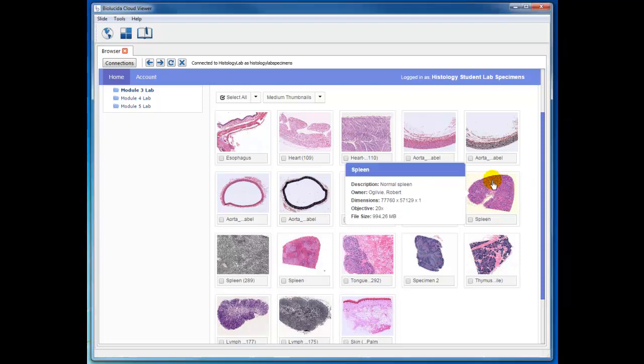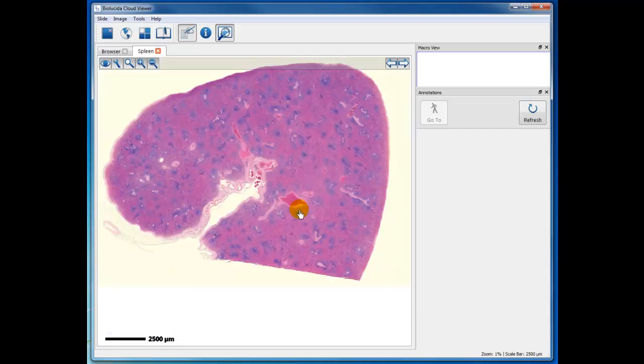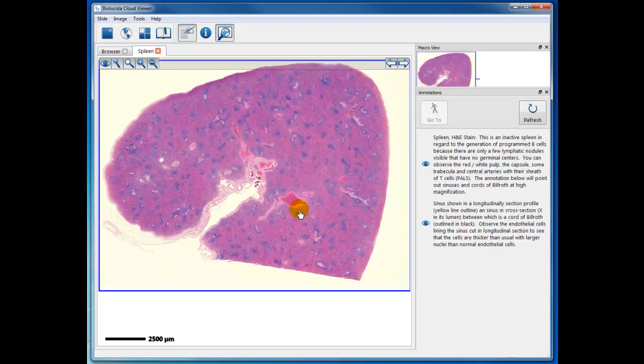So now let's look at the normal spleen stained with H&E, and the first impression is you're going to just see reddish and bluish areas. The reddish areas are red pulp, and the bluish areas are white pulp.